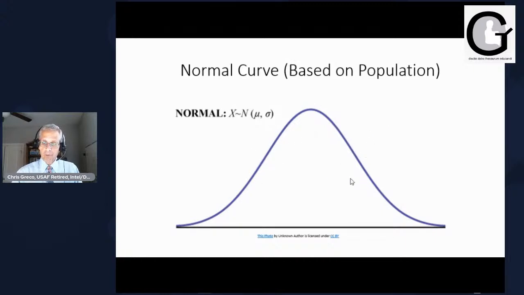It could be a wide bell or a narrow bell, but basically a bell. It's symmetrical, which means if you turned one side over, it would match the other side. Both sides go out to a certain area, but they never touch this line. The bell curve gets really close, but it never touches it.